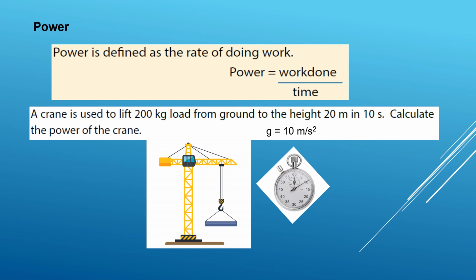So the power is the work done divided by the time taken, which gives 40,000 divided by 10. So the power is 4,000 watts. The unit of power is watt.